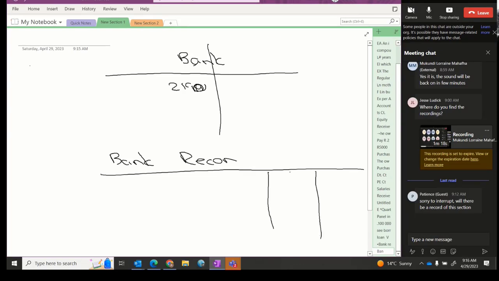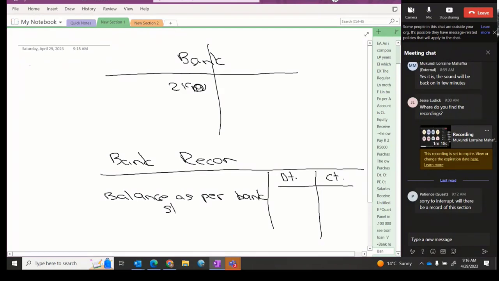Debit, credit. And then here you start off with the balance as per bank statement. And they said it was an overdraft. So if it's an overdraft, it actually means it comes on the debit side, like I explained just now.